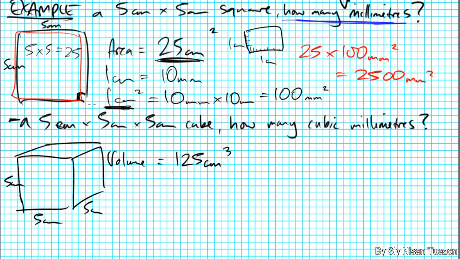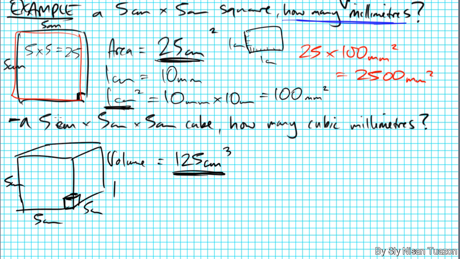So I know how many cubic centimeters there is. So now I need to work out how many cubic millimeters fit into one of these centimeters, so I can times it by 125. So I'm trying to work out how many cubic millimeters are in this little box here, because I know there's 125 in the whole thing.